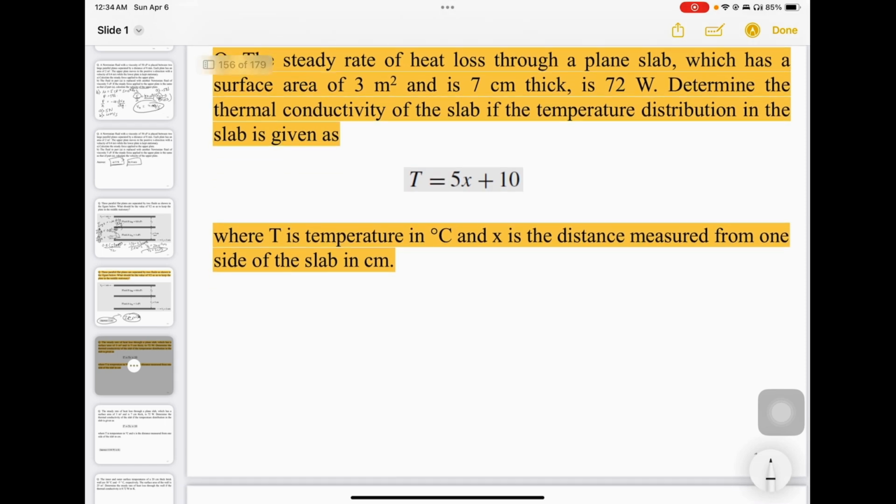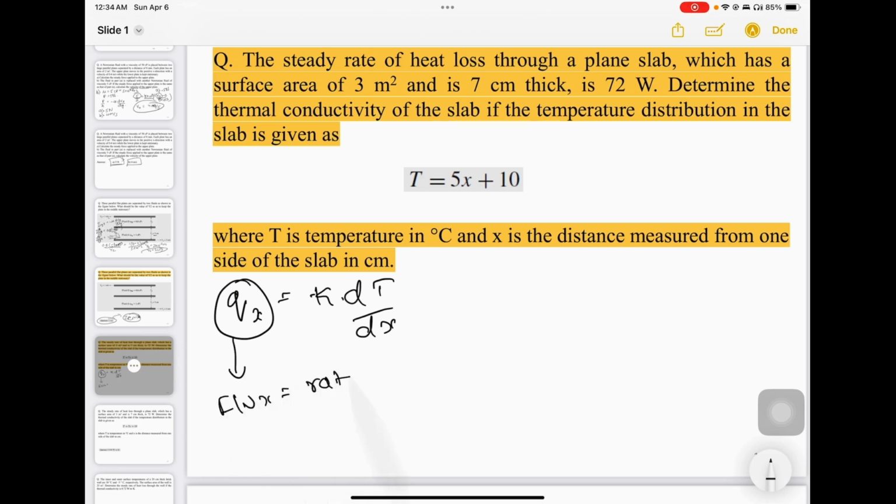We will solve this question by Fourier's law of heat conduction, where flux is equal to minus k times dT by dx, gradient of temperature. Now, this is a flux, which is rate per unit area.